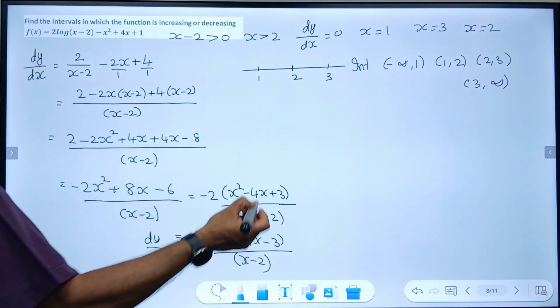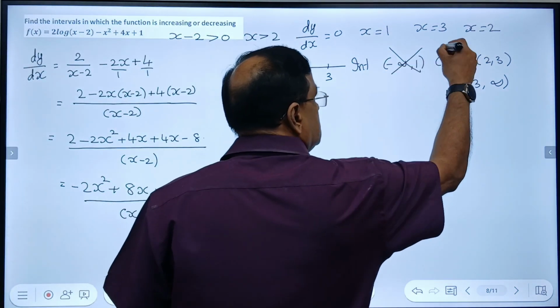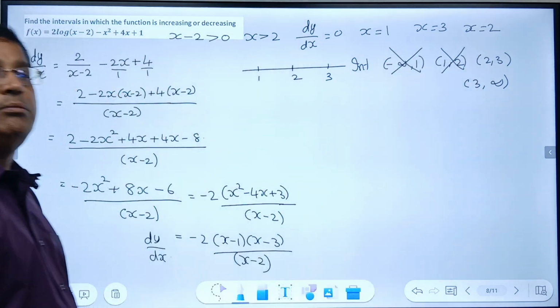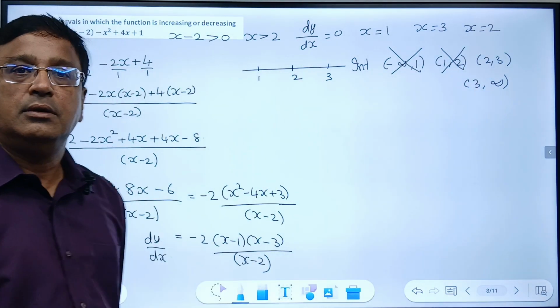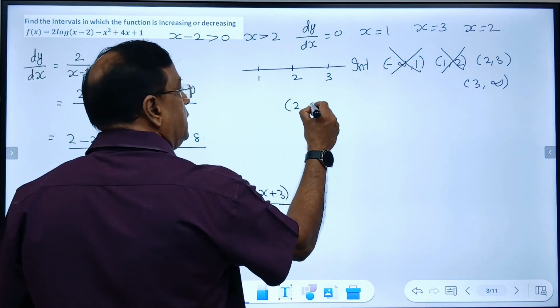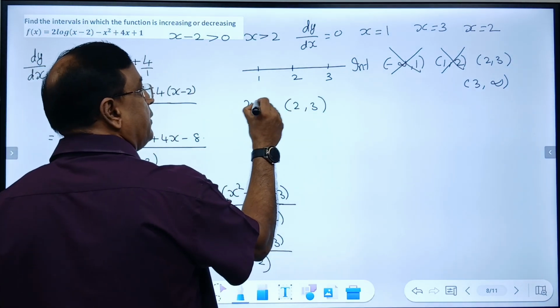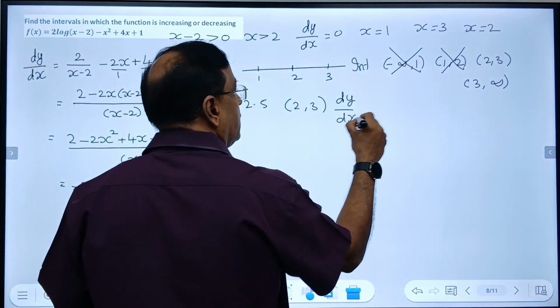But clearly you see x is greater than 2. So these two intervals should never be considered. Okay. So I will take 2 comma 3, and I will take say 2.5 and substitute in dy by dx. What do you get?